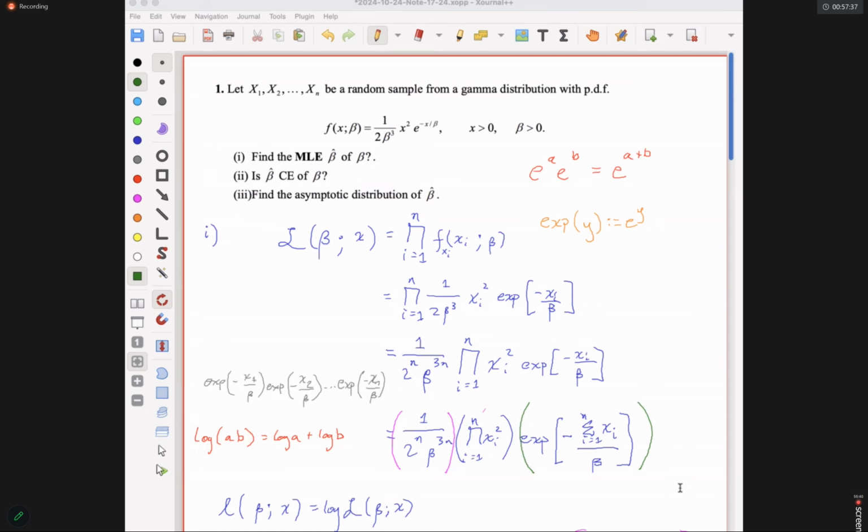I'm asking you to look at the distribution that you're shown in question 1.